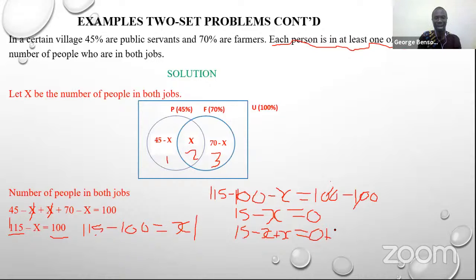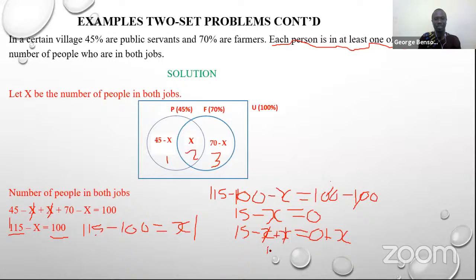It's an equation, so I'm adding x to both sides. If you want a lot of explanation, in the first case we subtracted 100 from both sides, and in this case we add x to both sides. Now this and this will cancel out.